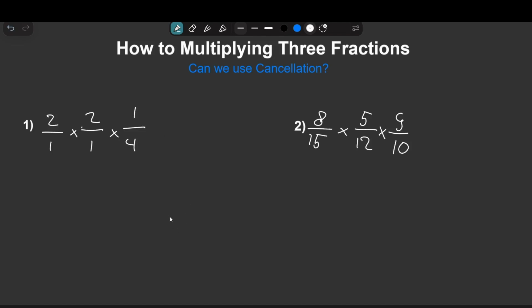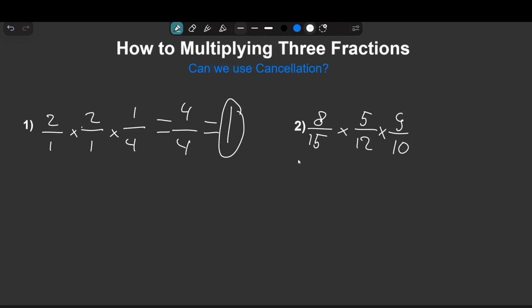So now we have this, we're just going to multiply from the left to the right, straight across, and as our final answer we will get 2 times 2 equals 4 times 1 still equals 4, and 1 times 1 equals 1 times 4 equals 4. So we have 4/4. Or if we simplify this, it will just be a 1. So 1 will be our final simplified answer.